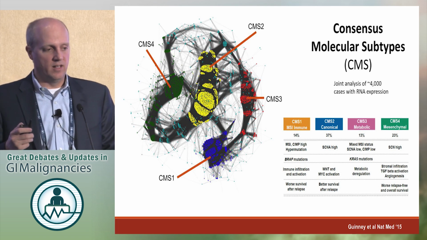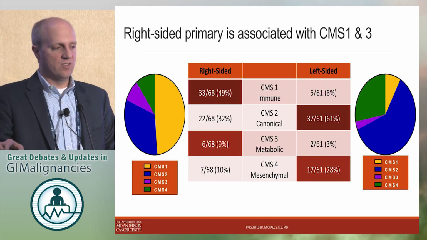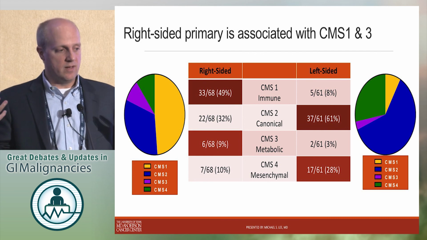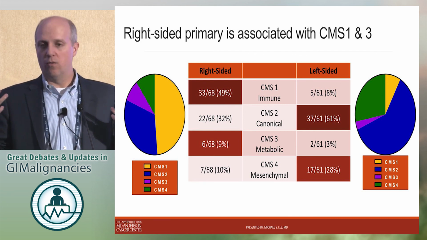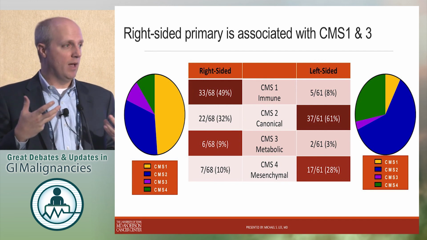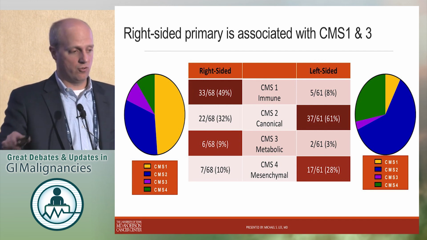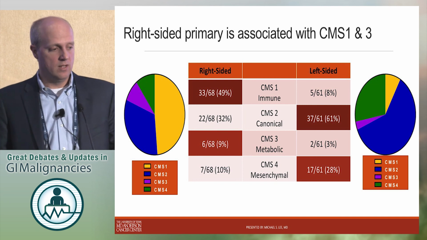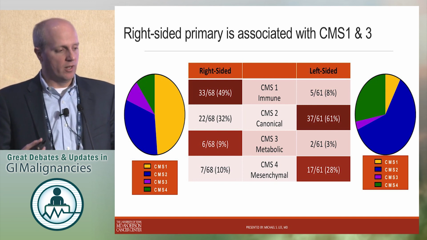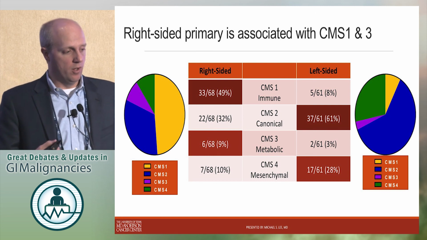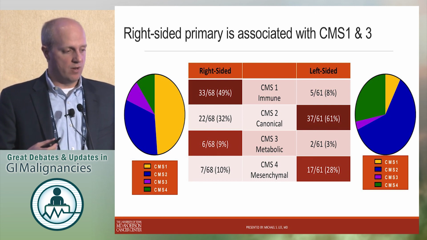And not surprisingly, what we've shown is that these are associated with very different distributions in the right and the left side. So again, not black and white, but certainly strong associations. You can see the two diagrams there. The right side really is dominated by CMS1, and there's some CMS3 at higher rates as well.